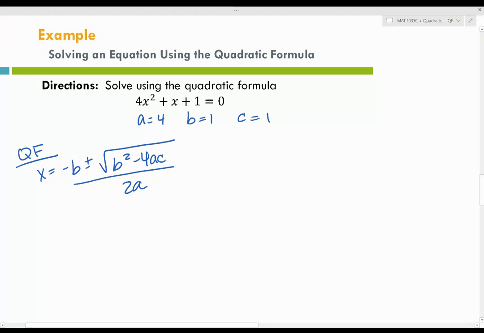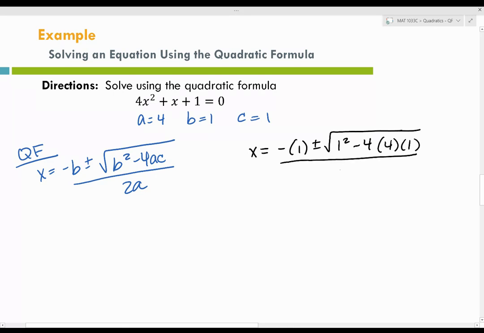So we're going to plug that in. We have x equals negative 1 plus or minus the square root of 1 squared minus 4 times 4 times 1, all over 2 times 4. And we're going to simplify.